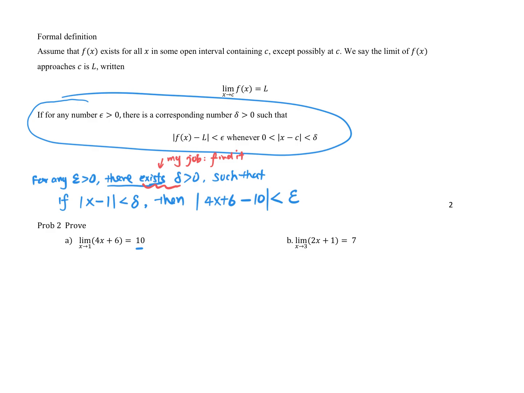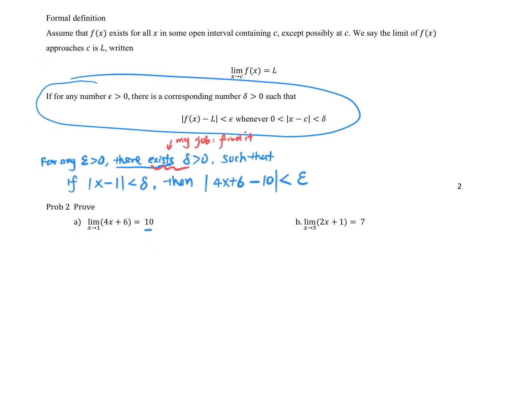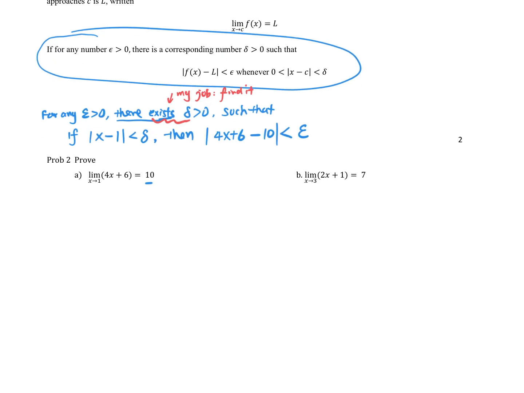And here's again, continuing my scratch work. By the way, it's just scratch work here. I want to start with my target, so I want this to happen. By the way, what is epsilon? Epsilon is any arbitrary positive number that you choose. That's how close you want it to be.